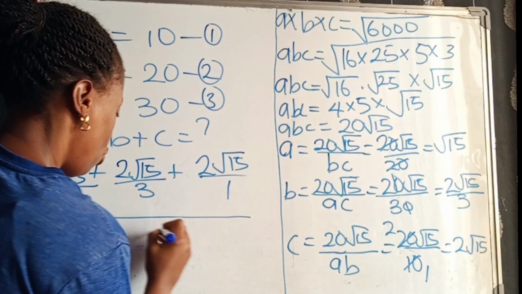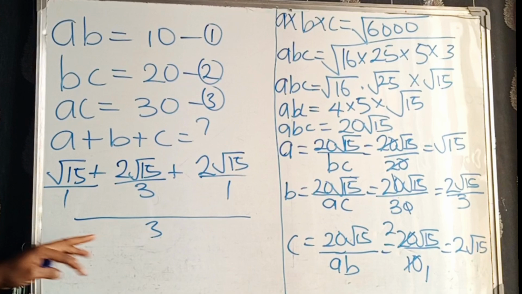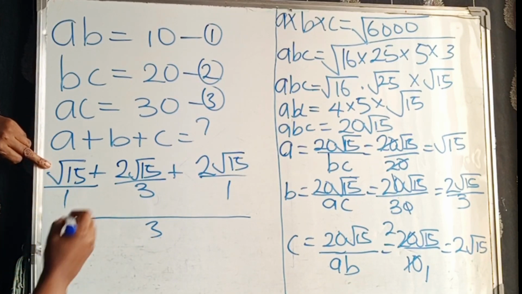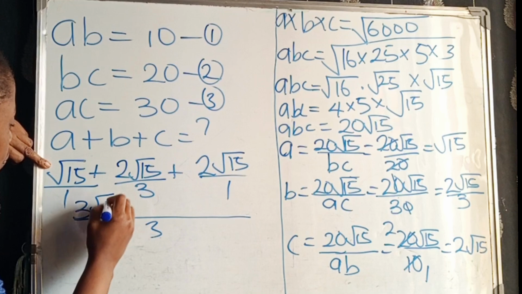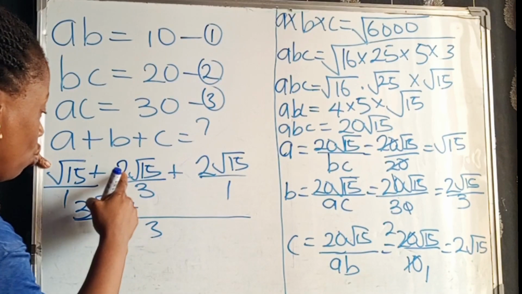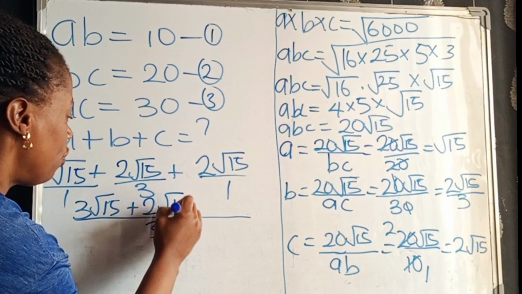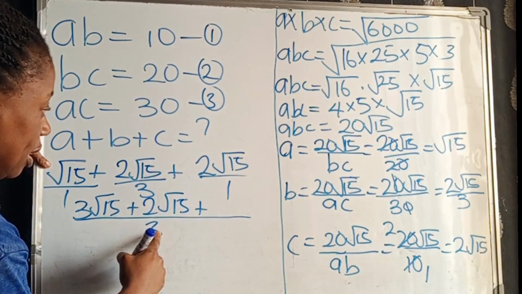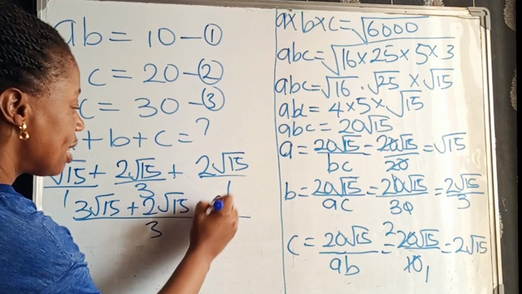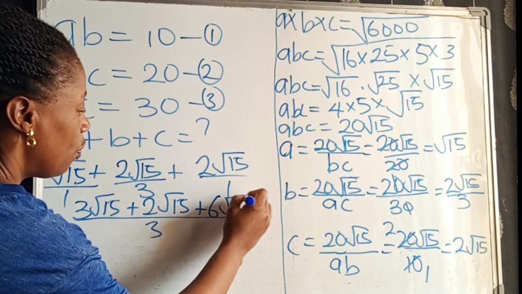Find the LCM. We have 3. 3 divided by 1 is 3, so we have 3 root 15. 3 divided by 3 is 1, 1 times 2, we have 2 root 15 there. And then 3 divided by 1 is 3, 3 times 2 is 6 root 15.